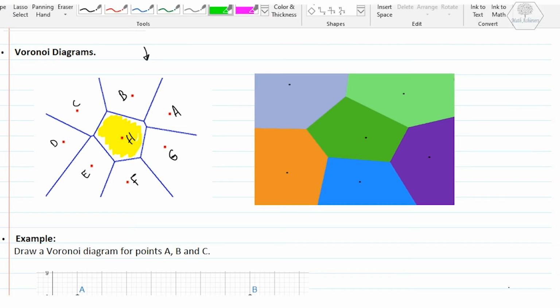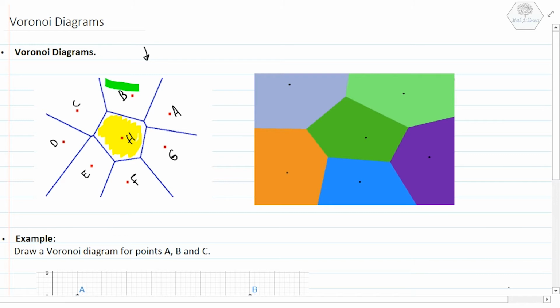Also, if I have this area here bounded by B, it means that any point I find inside this area is closer to the site B than any other site outside.